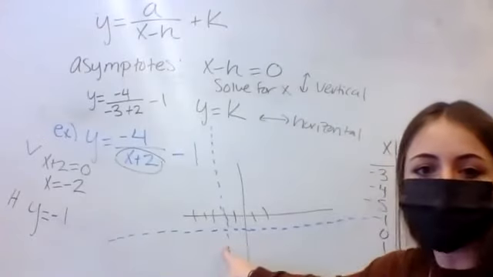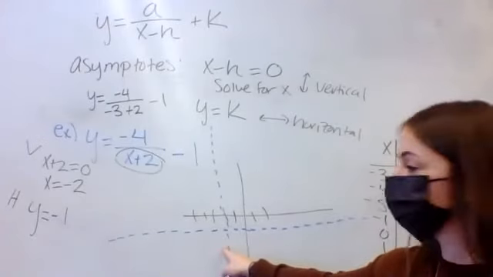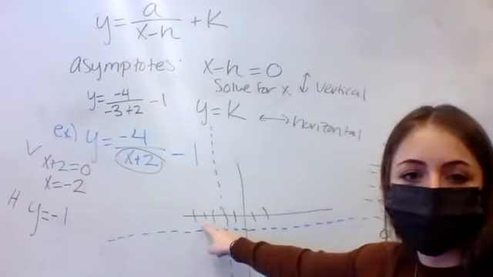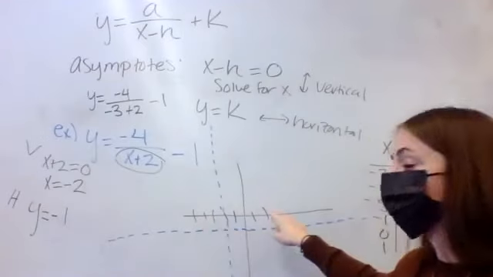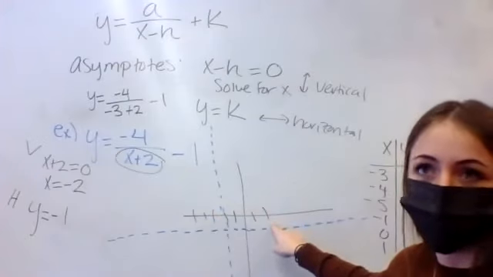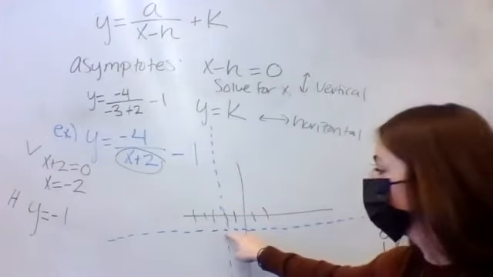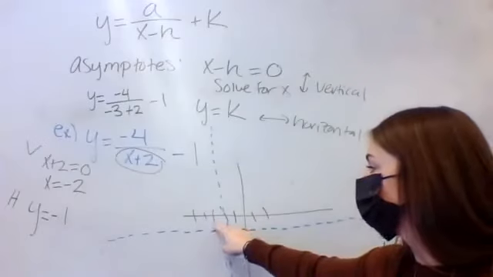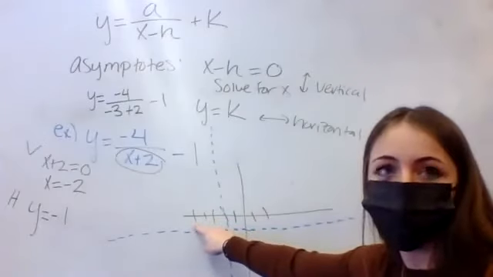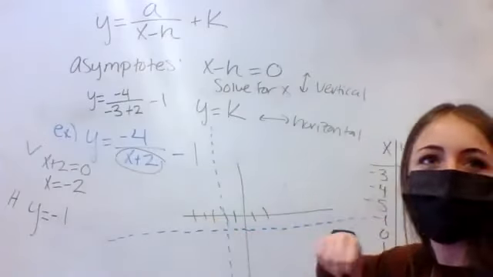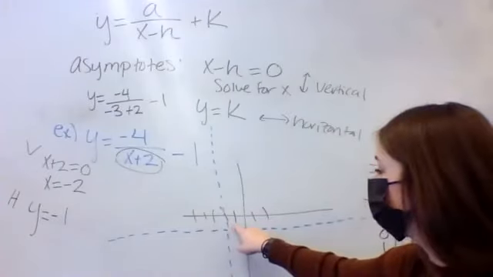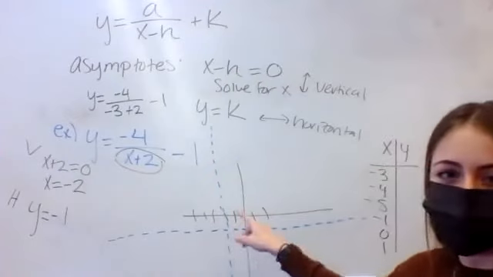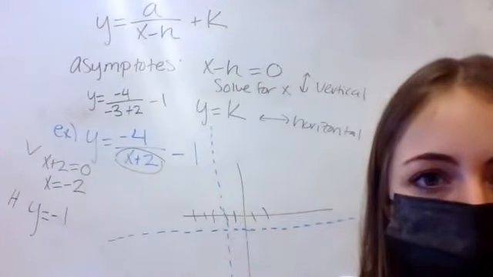We said we wanted to choose 3 points. 3 points to the left of our vertical asymptote and 3 points to the right of our vertical asymptote. So 3 points to the left would be -3, -4, -5. And then to the right would be -1, 0, and +1. Does that help? Yes. Okay.